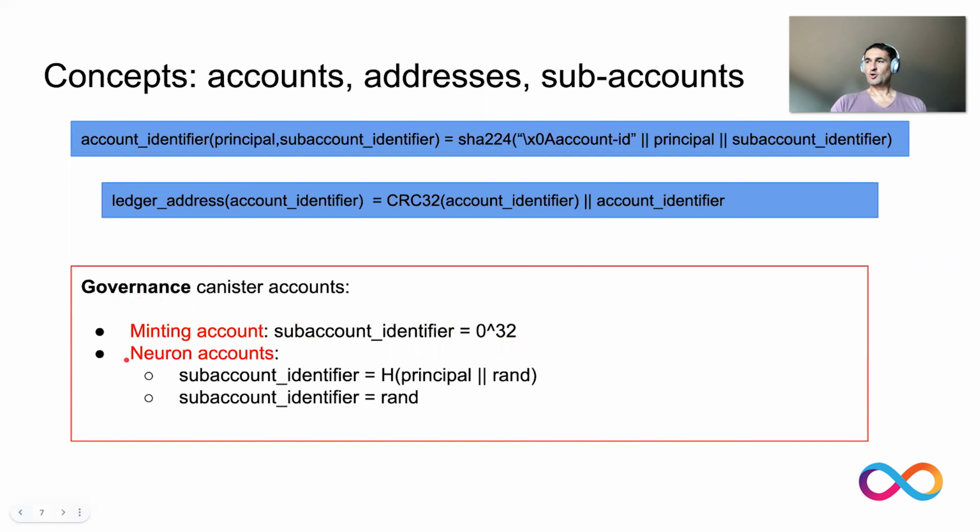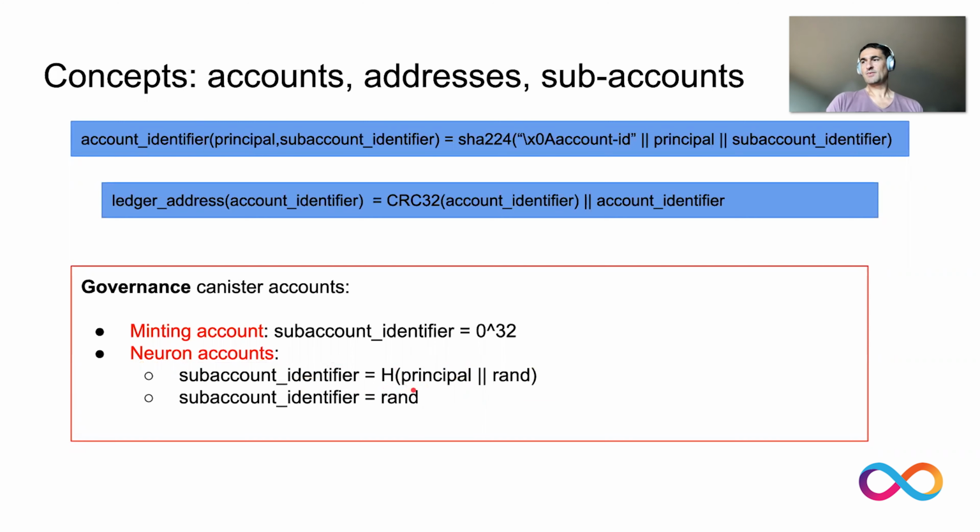The governance canister also maintains essentially all neuron accounts. It's the controller of all neuron accounts, and the sub-account identifiers take several forms. Two of them I indicate here. For example, for one type of neurons, the sub-account identifier is calculated by hashing the controller of the neuron together with some random string.